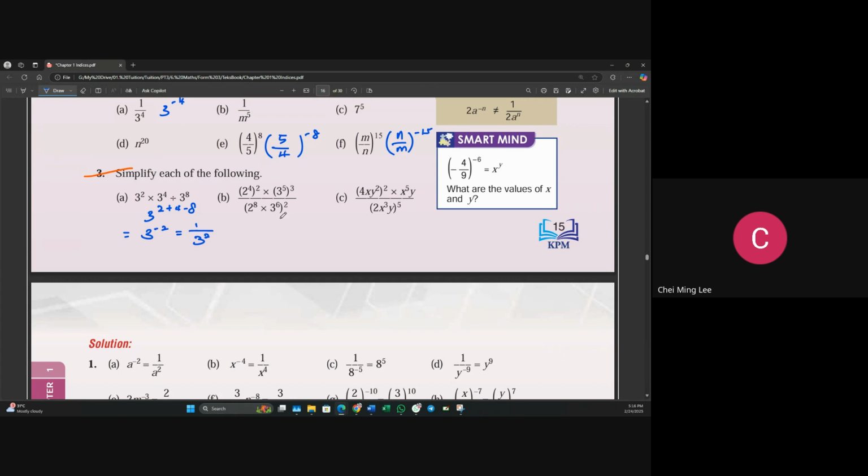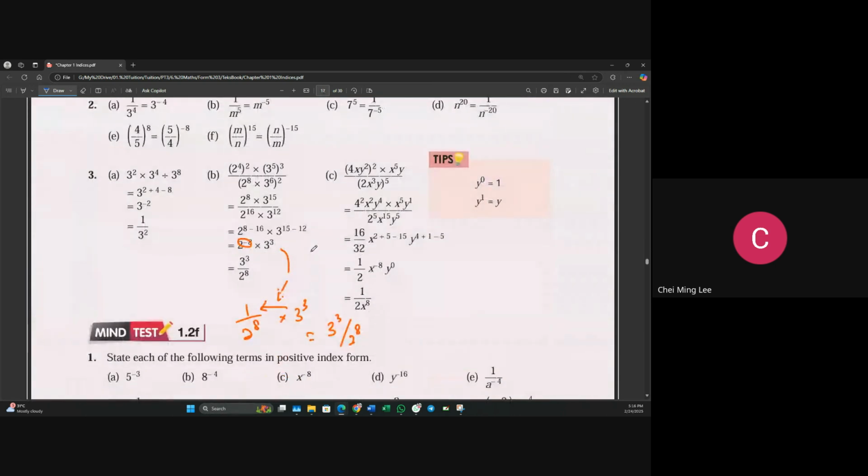Okay, so this one is the same. For example, 2 to the power of 4 times 3 to the power of 5, divided by 2 to the power of 8 times 3 to the power of 6. We solve top and bottom first, like we just did. After that, you will get 2 to the power of 8 minus 16, times 3 to the power of 15 minus 12.